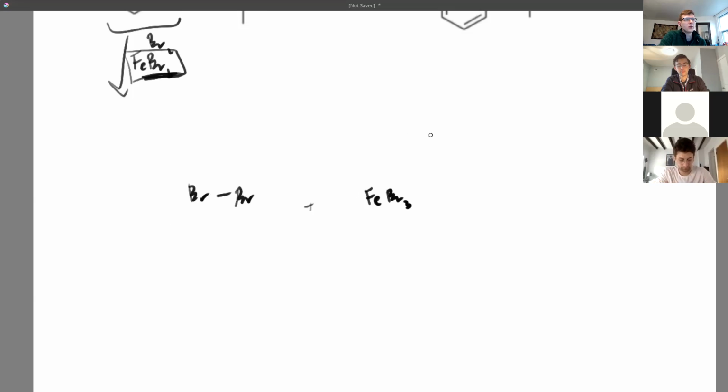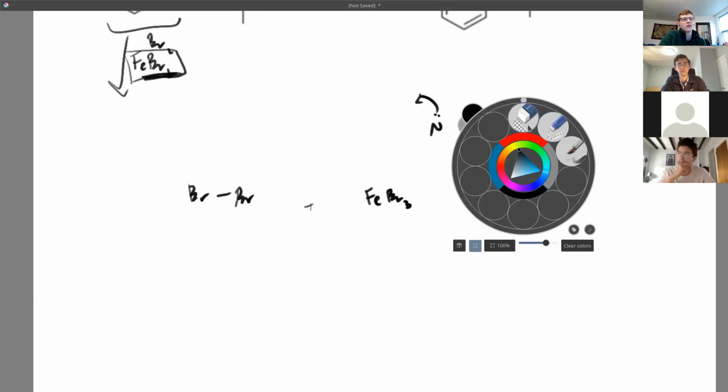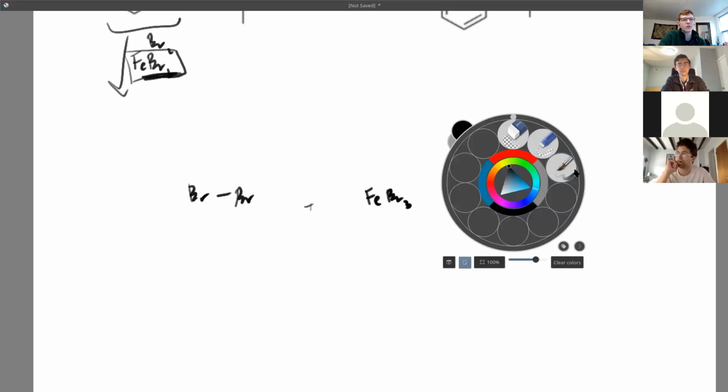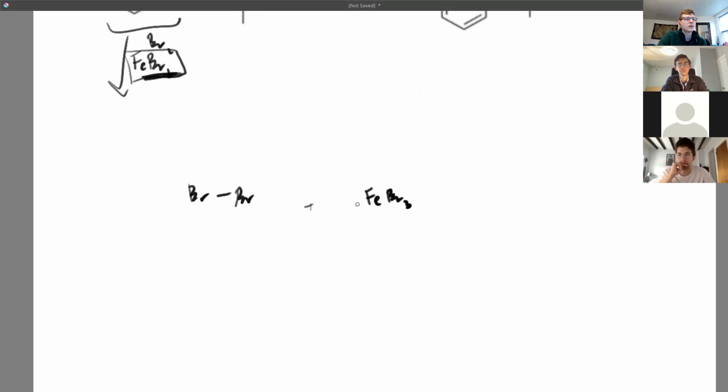Because N is a Lewis base and it gives its electrons. Okay, cool. So this is a Lewis acid, so it's hungry for electrons and it'll take them away. So it will activate the Br2.